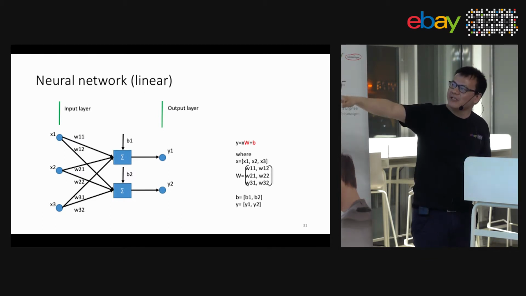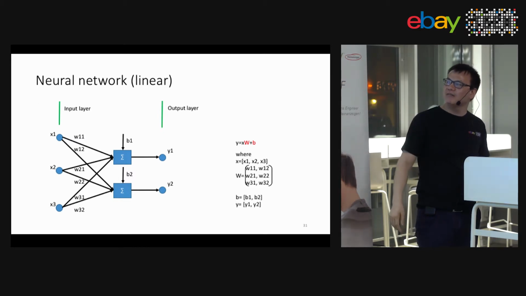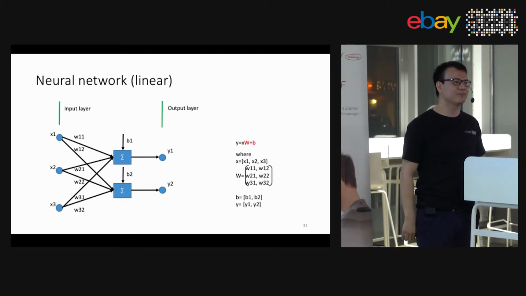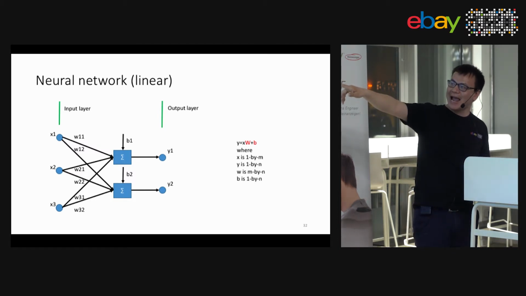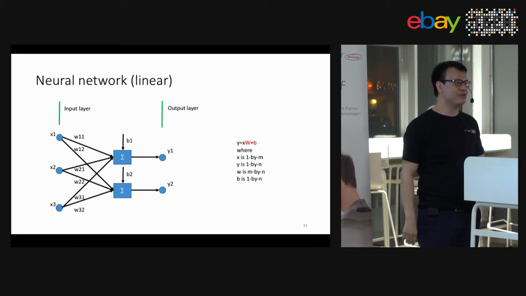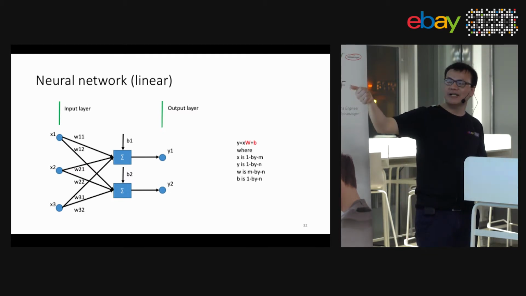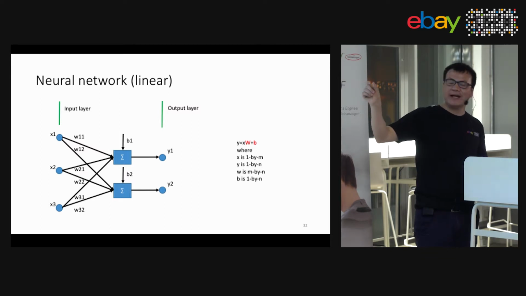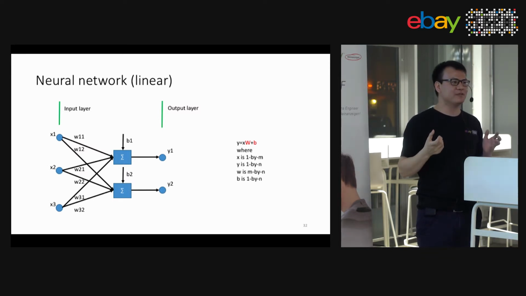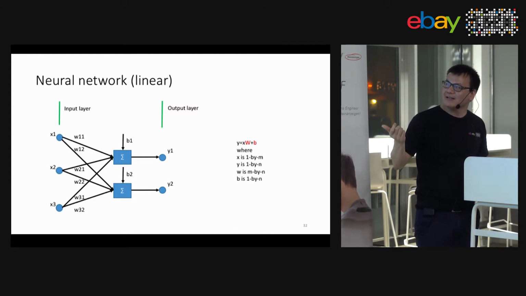And this is the dimension of the input. We can generalize it into this case. In this case, x is 1 by m dimension. So basically, we are going to connect m types of information about a human being. And then y is 1 by n.